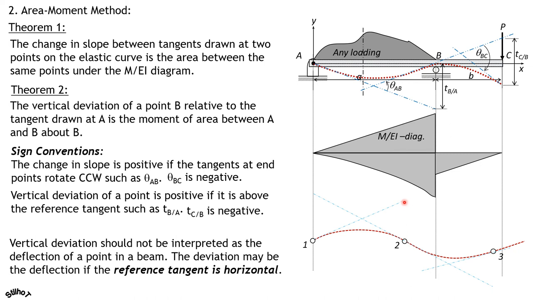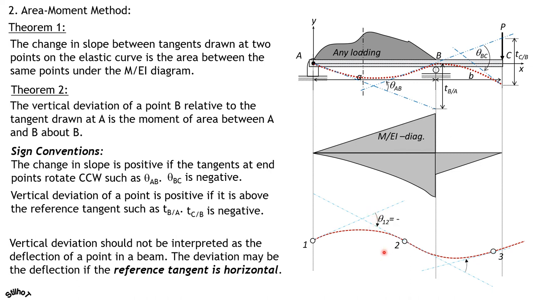Likewise, the vertical deviation of point 2 relative to the tangent at 1 is negative because point 2 is below the reference tangent. And the angle between the tangent at 1 and the tangent at 2 is in the clockwise direction, so therefore theta 1,2 is negative.